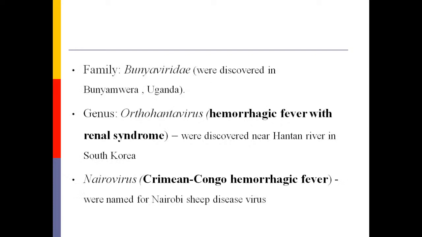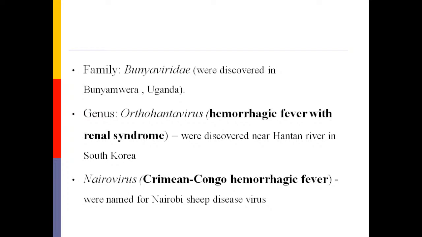They belong to the family Bunyaviridae. The name Bunyaviridae was given due to the place where it was discovered. Bunya viruses were discovered in the town Bunyamwera in Uganda in Africa.